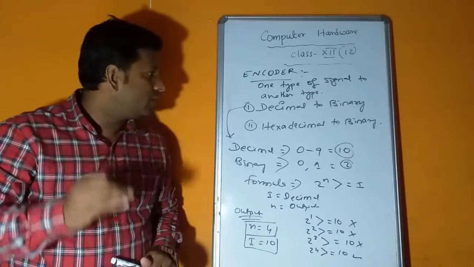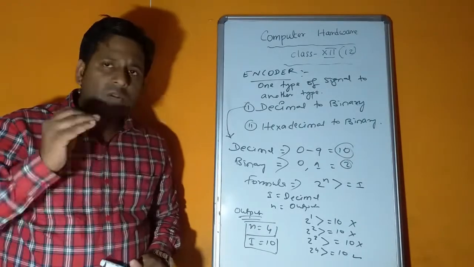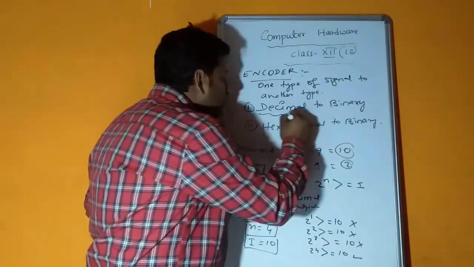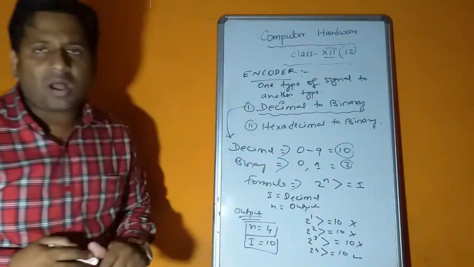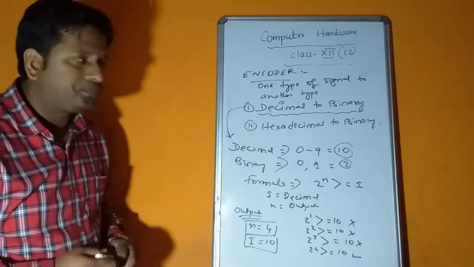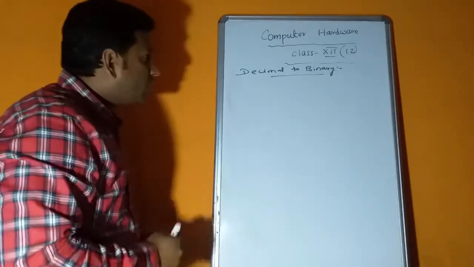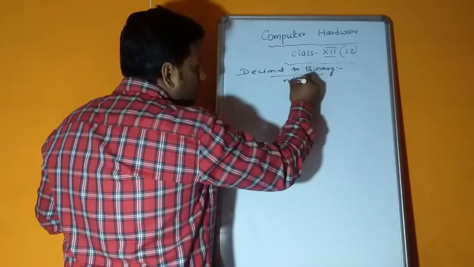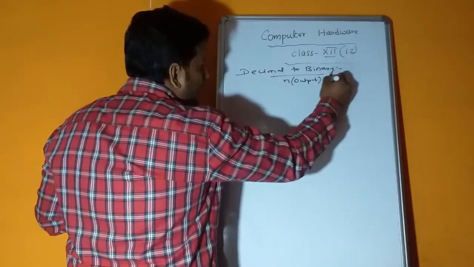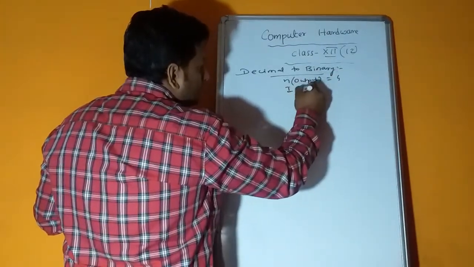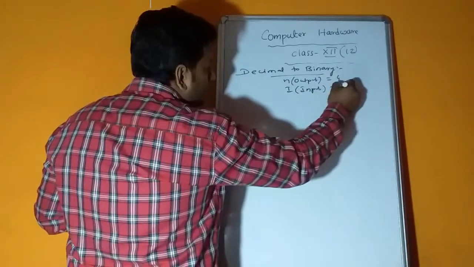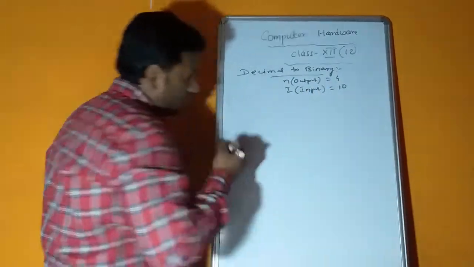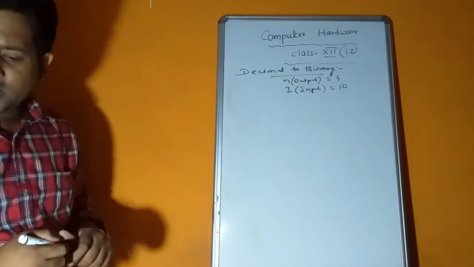Now let us execute and understand how decimal to binary signals are converted. So see here, children, for decimal to binary, just now we got n, that is output, as 4, and I, that is input, as 10, because we are going for decimal to binary conversion.